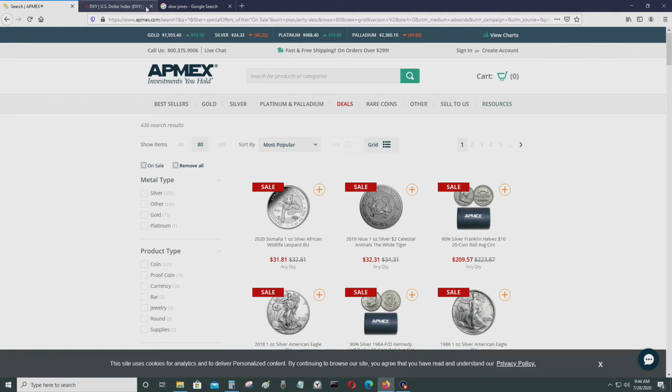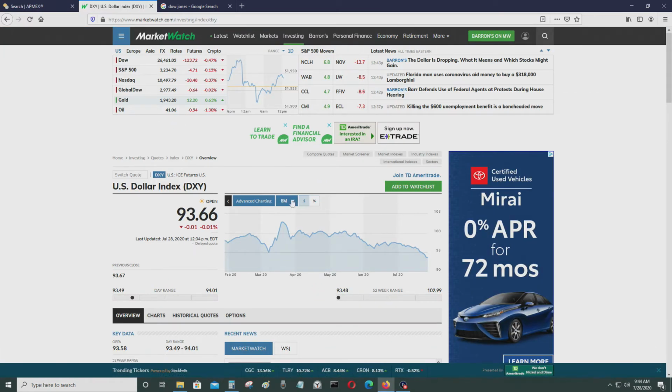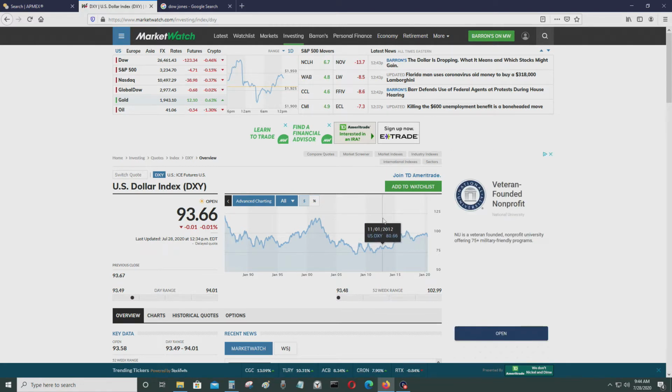So there's also times in the dollar index, go back to 2011, the price of gold was about 1950, around November 2011.